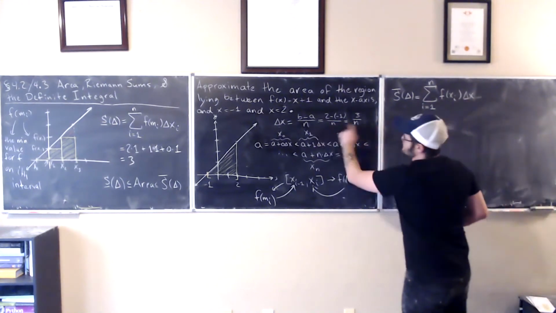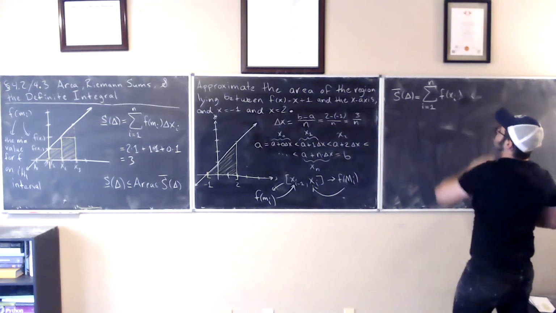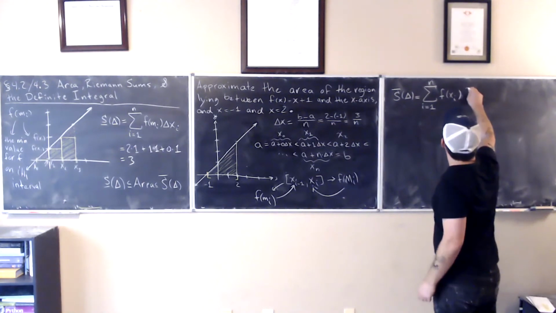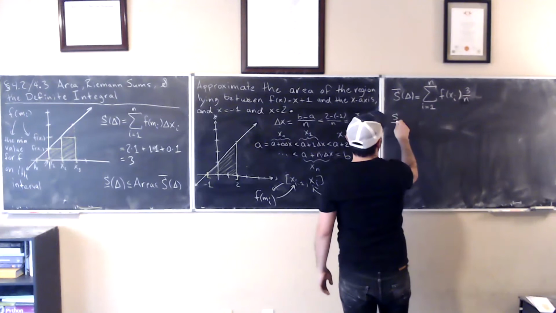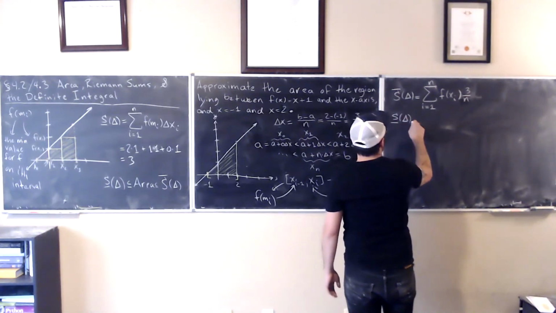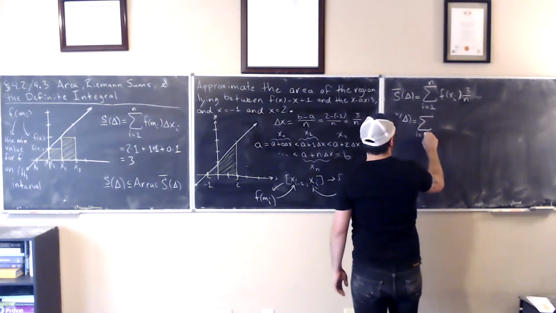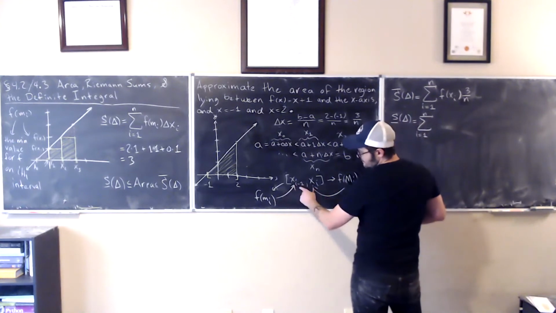The change in x is 3 over n. In the lower sum, for a given interval here, it's going to be the left endpoint.